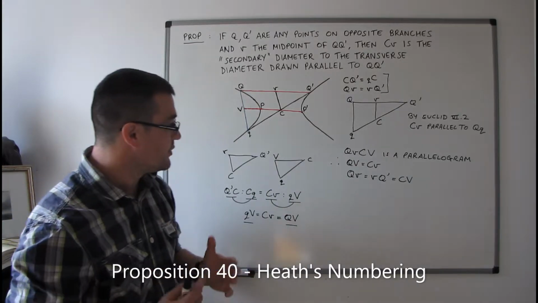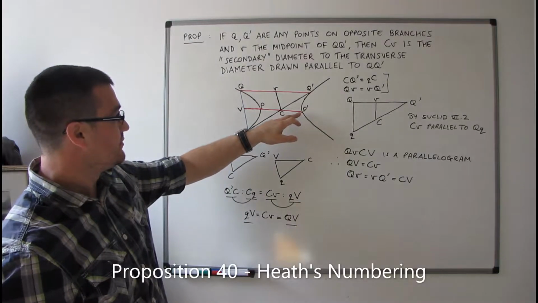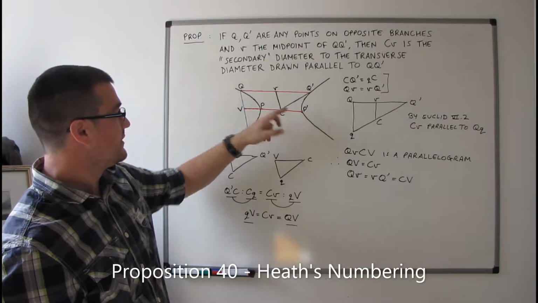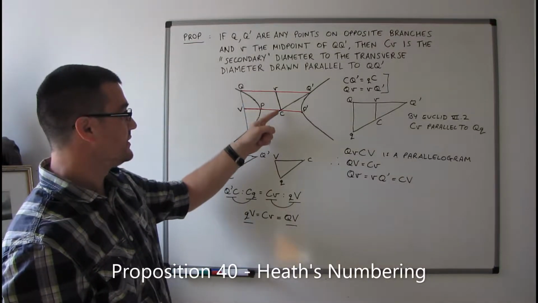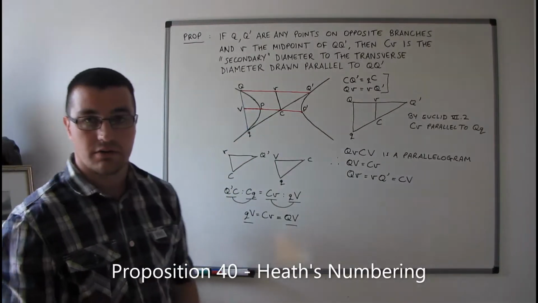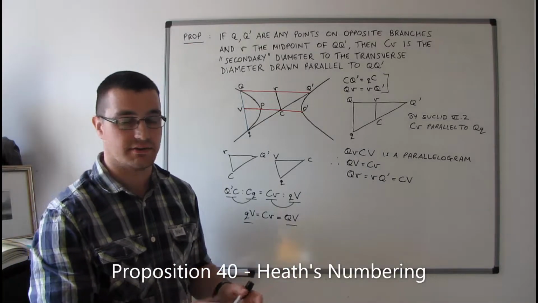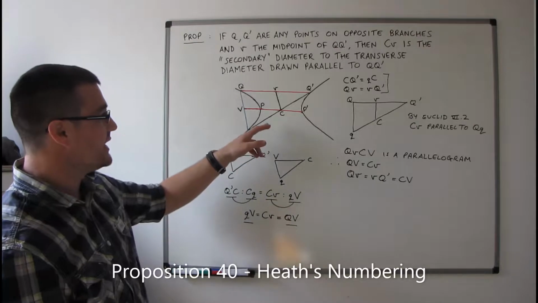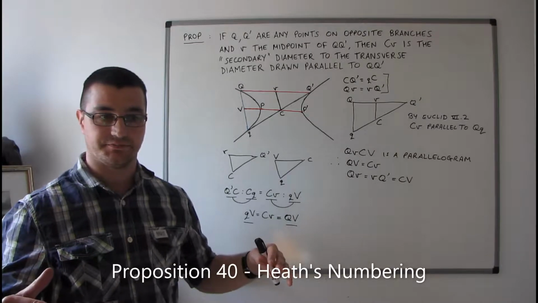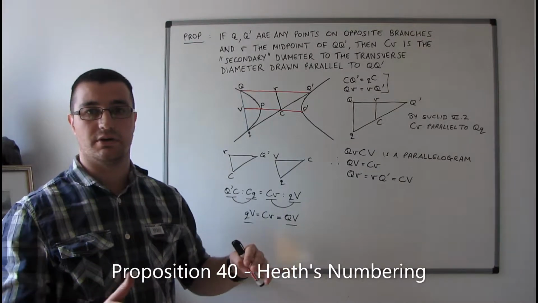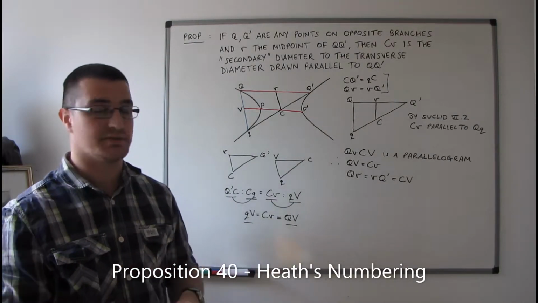So let's just sum up where we are. QQ is bisected by the diameter PP primed, and QQ has been shown to be parallel to CV. So therefore, thinking about what I did back in the third video, at the start of the third video, part 3a, I showed that a transverse diameter will bisect all of the chords parallel to the conjugate diameter, and the conjugate diameter will bisect all of the chords parallel to the transverse diameter.